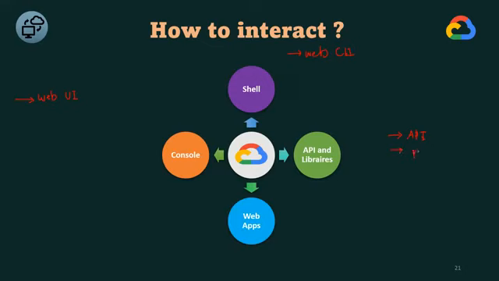For example, if I want to interact via Python, Java, Node.js or some other language, you can do that via the Cloud SDK. SDK is also a command line interface and stands for software development kit. So via API calls or client libraries, you can interact with GCP services easily.